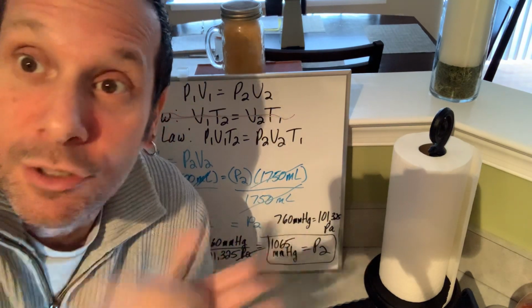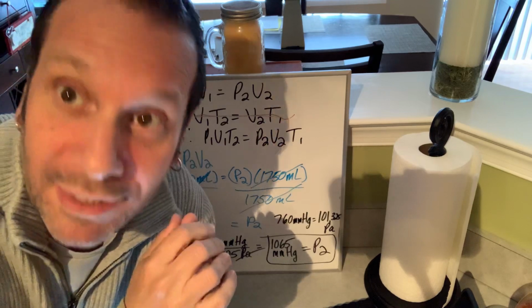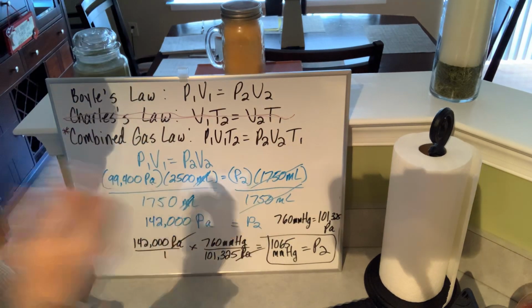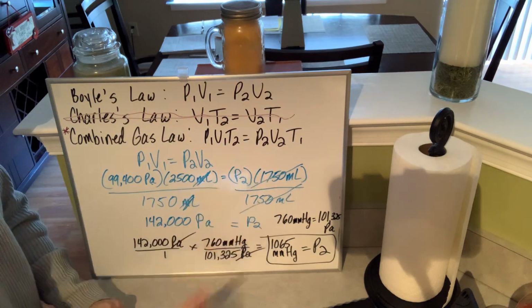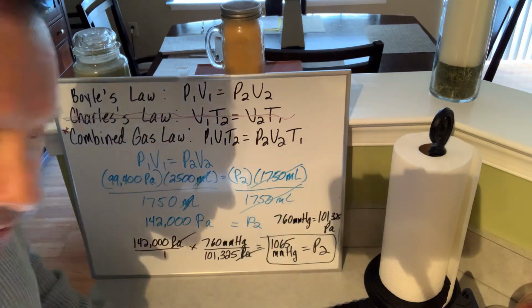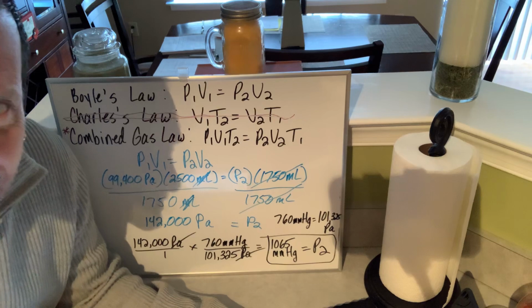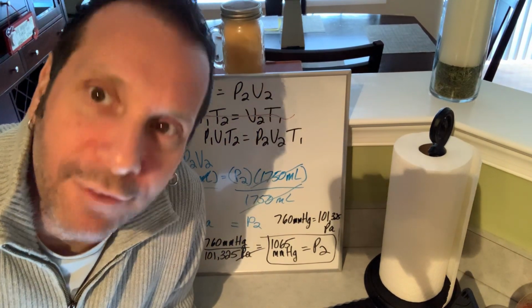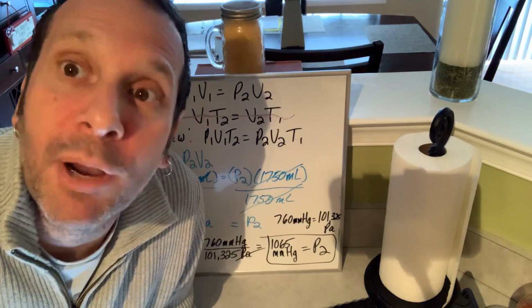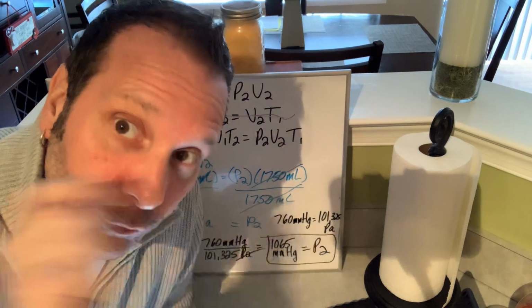That's fine, as long as both of the units are working together. And if you have milliliters, you better be using milliliters. If you have liters, you're using liters. But the part that definitely is important is that the temperature, whatever I give you as a temperature, you have to change to Kelvin by using the conversions I gave you in the other video.